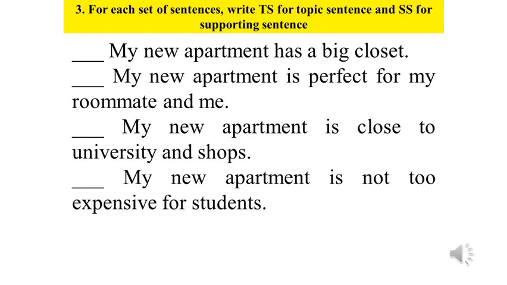Another supporting sentence. My new apartment is not too expensive for students. This is another supporting sentence. So the only topic sentence is, once again, my new apartment is perfect for my roommate and me. Is this clear? I hope so.